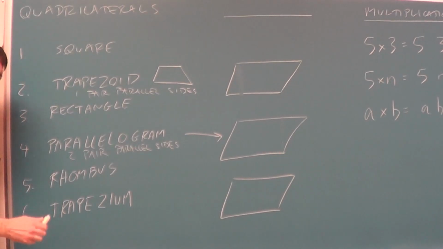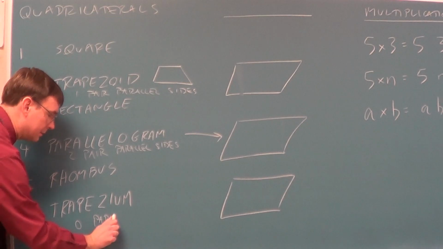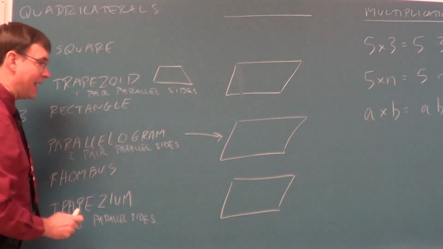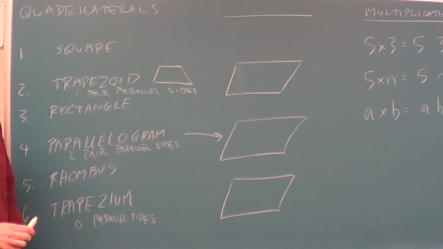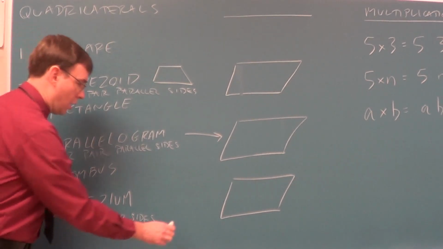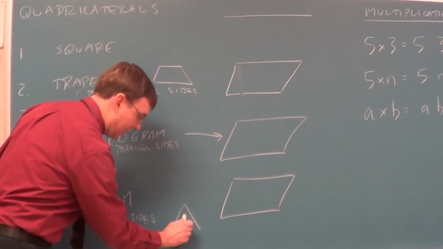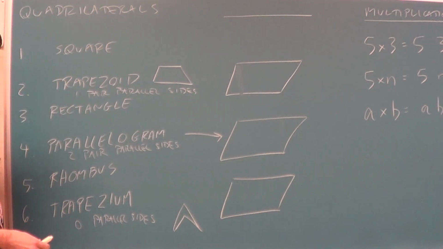If you have nothing parallel, if you have zero parallel sides, that is a trapezium. And that's going to be a shape that up until today, if you saw it, you'd probably say it was nothing. So if I drew you something like this, kind of like an arrowhead, that would be an example of a trapezium.